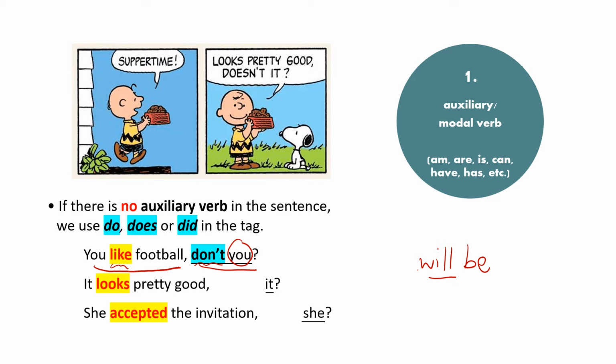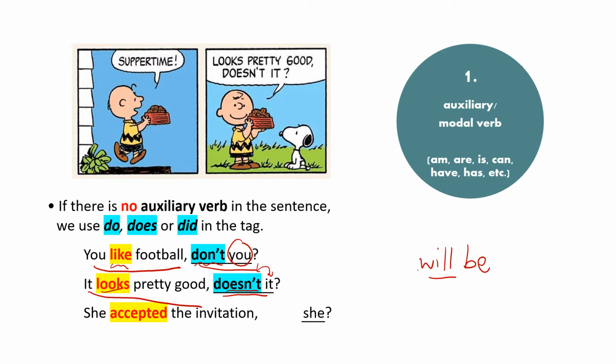Using the same logic, for "it looks pretty good," we use doesn't in the question tag. "It looks pretty good" is a positive statement. Therefore, we use a negative question tag. Looks is in simple present tense. Therefore, we use doesn't. And doesn't agrees with it.